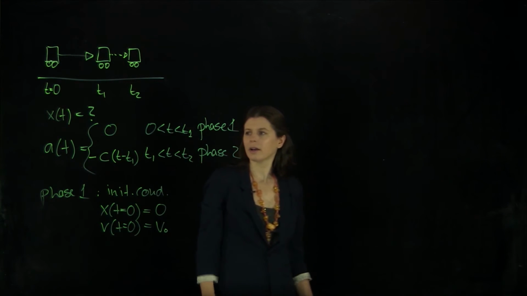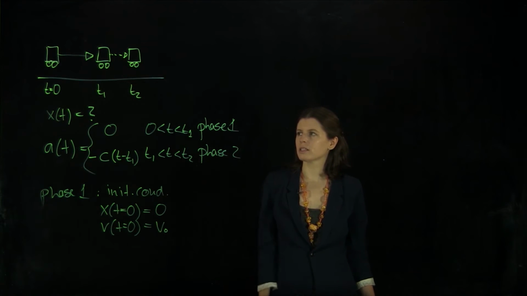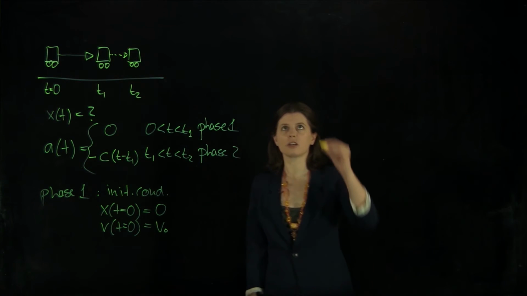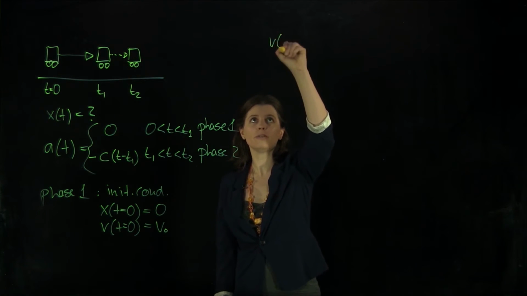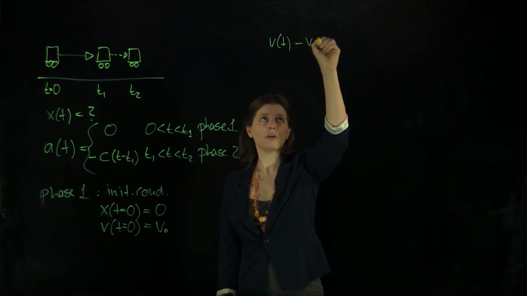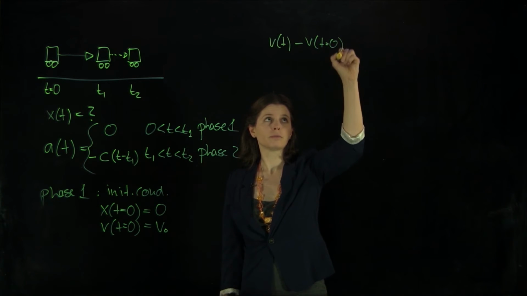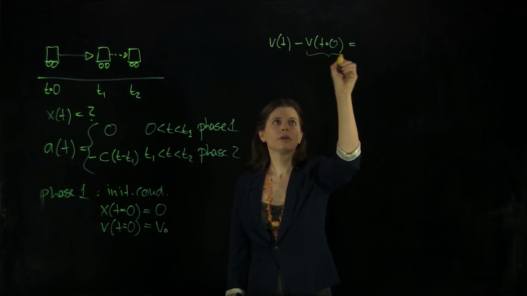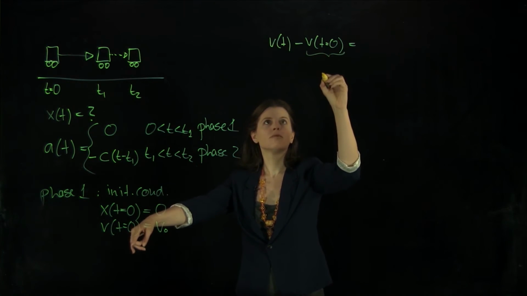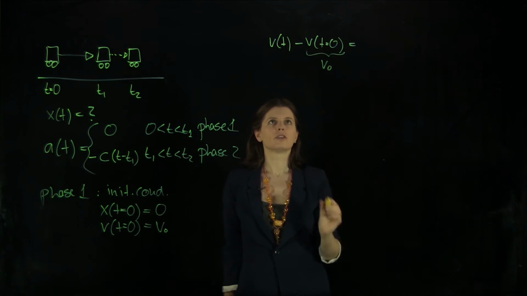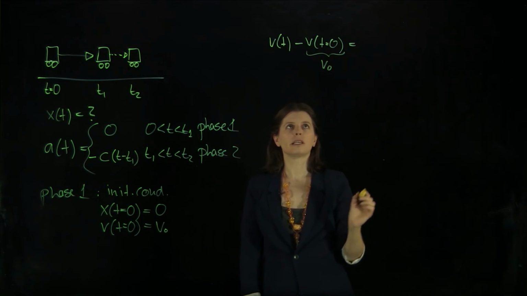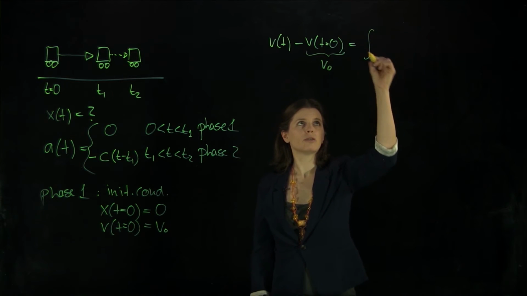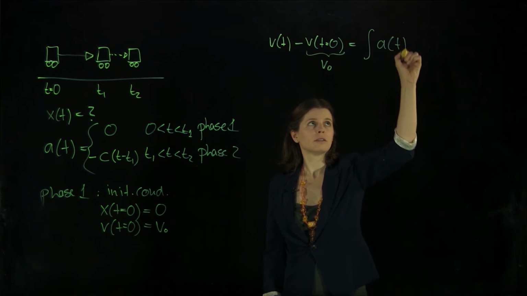So let's then make use of this and start integrating our acceleration. We want to get to the velocity. So v of t minus v of t equals 0 is going to be that integral. And here already we know that v of t equals 0 is v0. So this already looks pretty nice. And now we have our integral here of a.